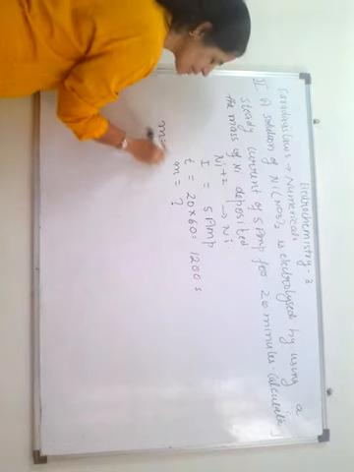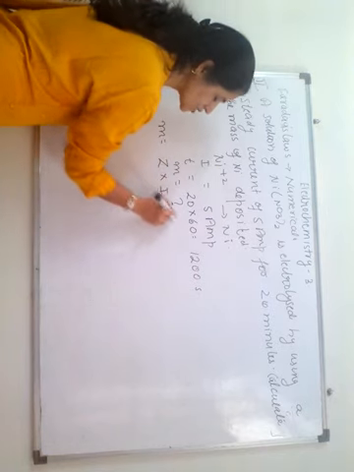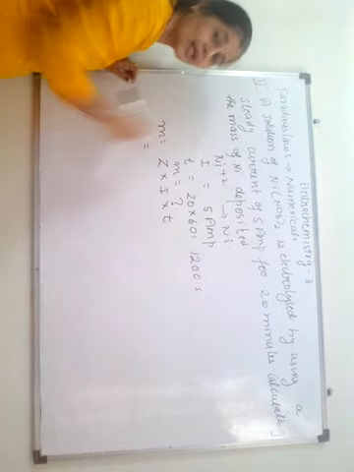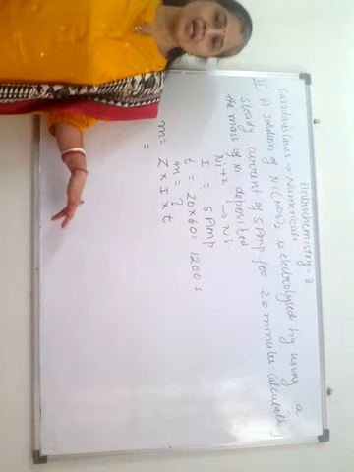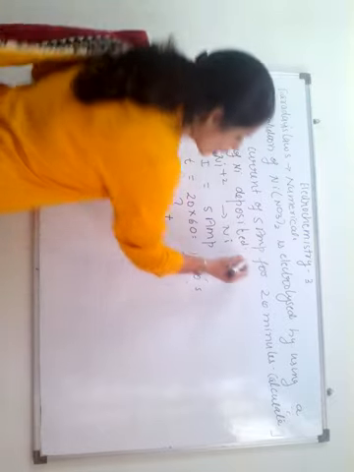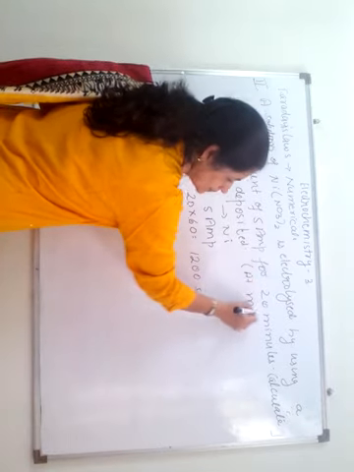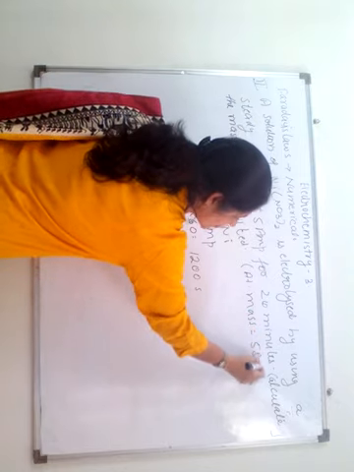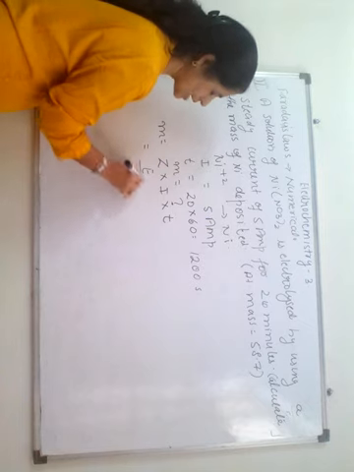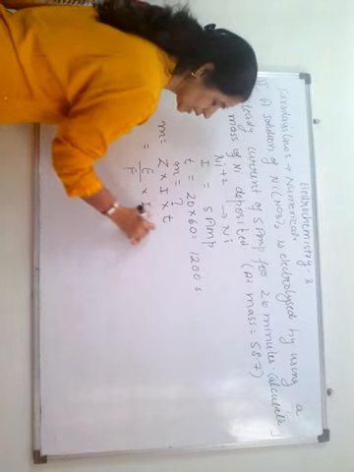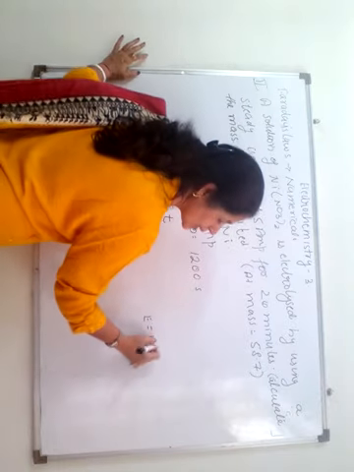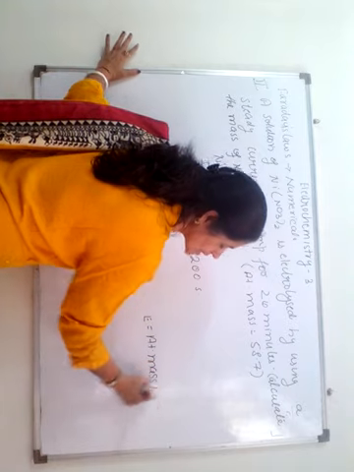Formula that we use, M is equal to Z into I into T. Now Z, children, it is not given in the question, but you can calculate Z by using Z is equal to E upon F. Now atomic mass of nickel is 58.7. So instead of Z, I can write E upon F into I into T, where E is atomic mass upon its valency.